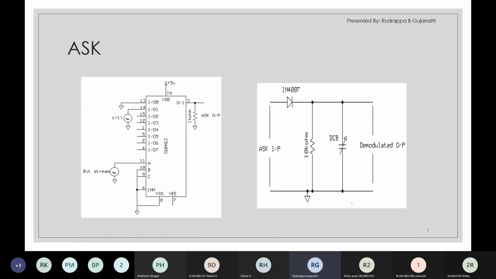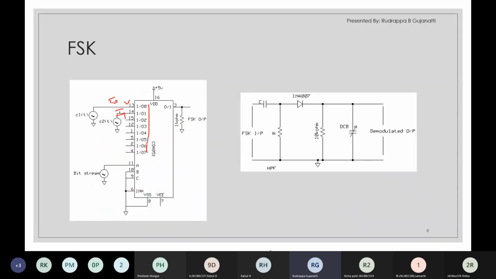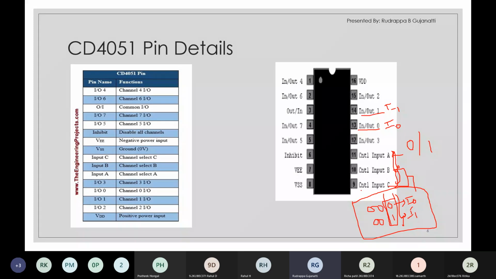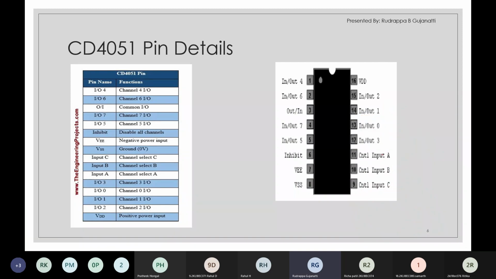So based on this logic, we can observe pin number 9. What is pin number 9? Pin number 9 is C, pin number 10 is B, and pin number 11 is the input select line A. So what does this refer to? This specifies that A is the least significant bit of the select line, and C is the most significant bit.